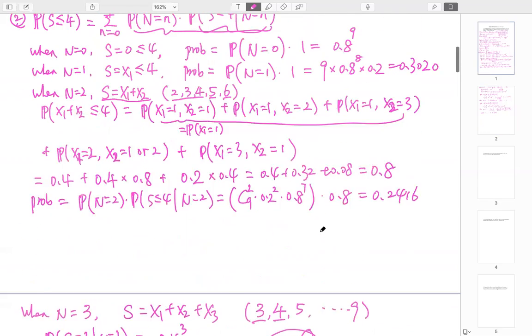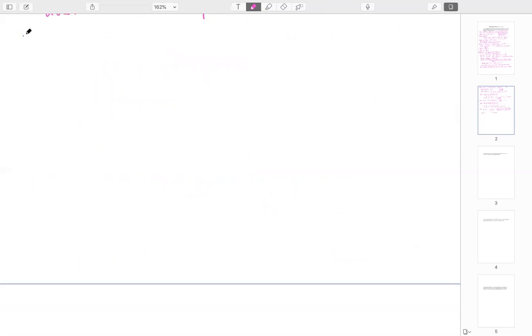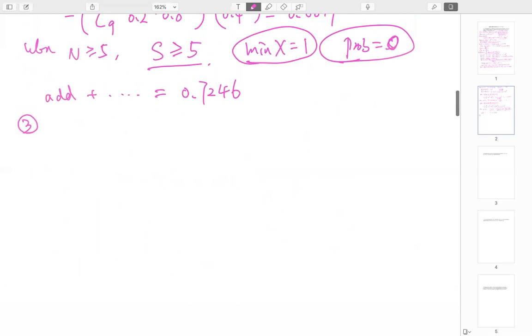In the second method, we can also modify a little. Let's call it method 3. You can actually analyze it one by one, meaning what is the probability that s equals 0? The only case this can happen is when n is 0, right? As long as there is a claim, your aggregate would be non-zero for sure.